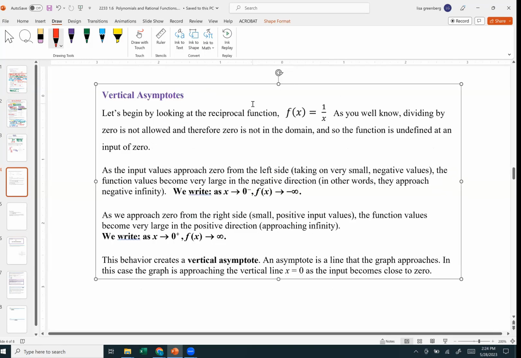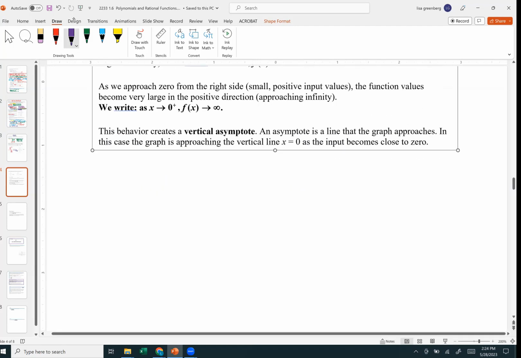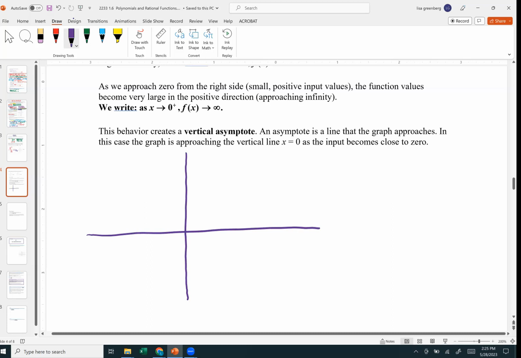So vertical asymptotes. Let's use the function 1 over x. And I'm going to draw it a little strange to help see what exactly is happening. So let's just say we have y equals 1 over x. This is the x-axis. This is the y-axis.